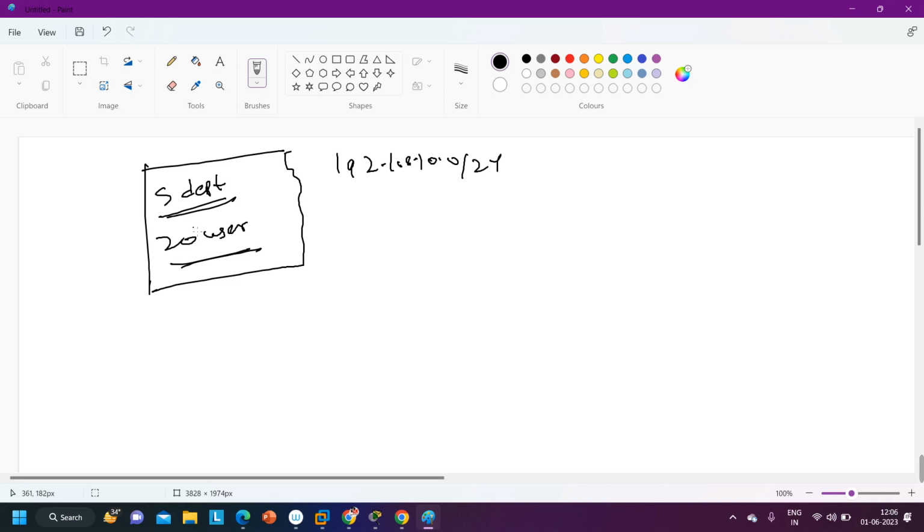Can you tell me the slash value? What slash value will I use?